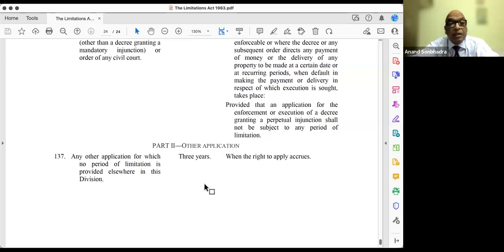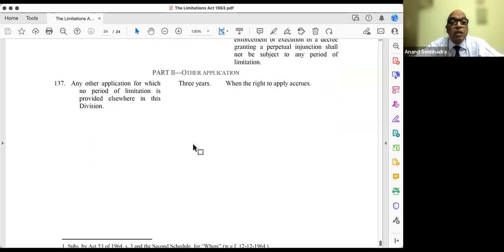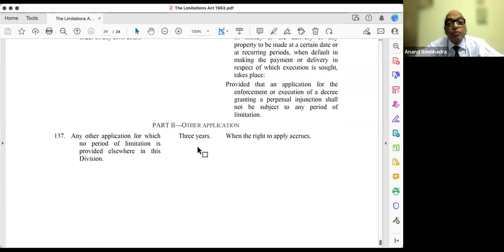So we would have seen in BK and others where the Honorable Apex Court has also mentioned that the limitation under 137 would apply. We will discuss those specific cases when we come to that. So this is a very quick snapshot of the schedule, which contains 137 articles split into 3 divisions and various parts within them.